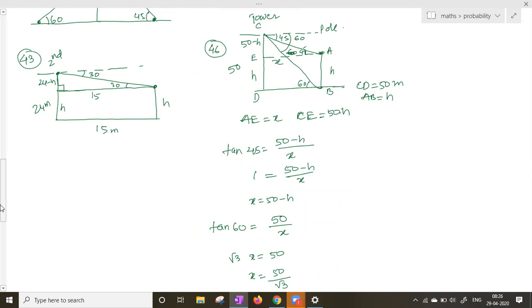Ma'am, we are supposed to simplify that last equation fully. Yes, you have to do. Ma'am, I got it as 21.13. 21.13, right?